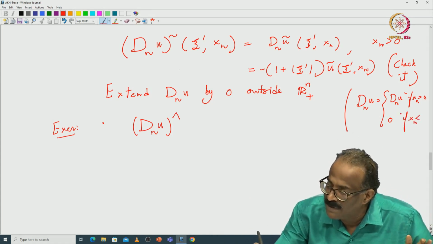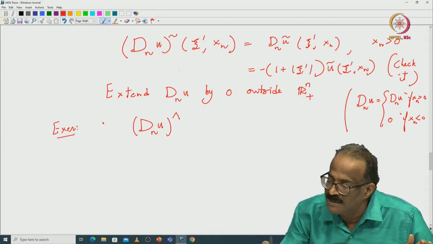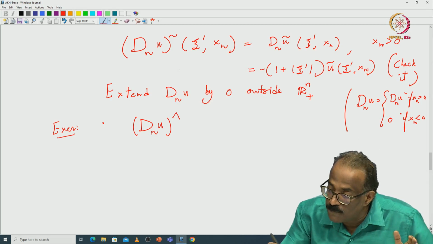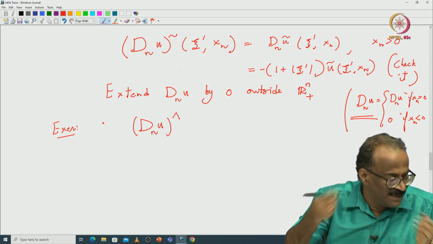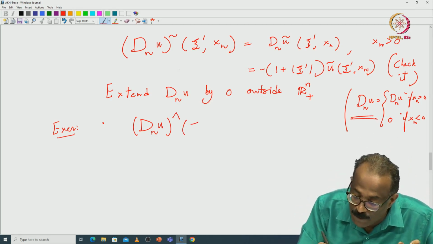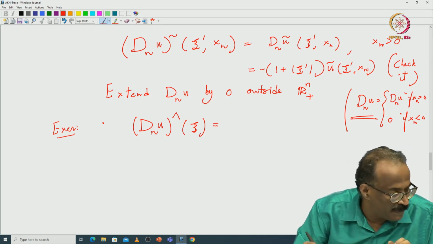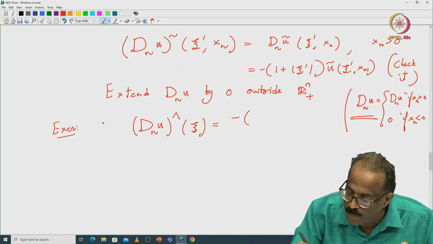So when I say I use the same notation, this is the meaning of that. So this is the dn of u I am using here. Its Fourier transform you can compute now. I will again do the computation, and I hope all my computations are correct.